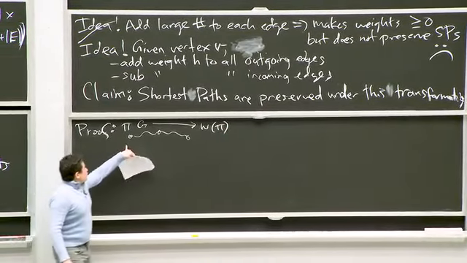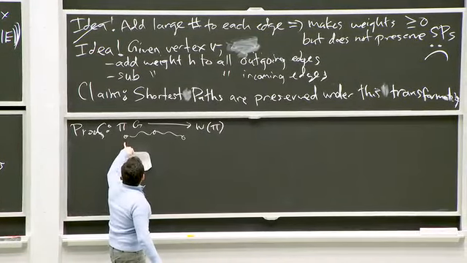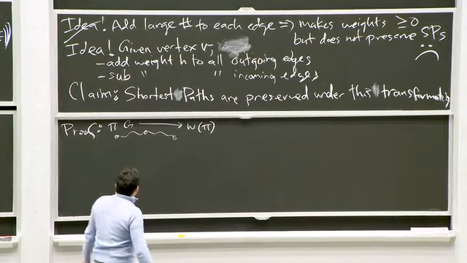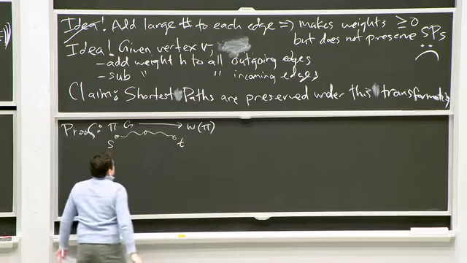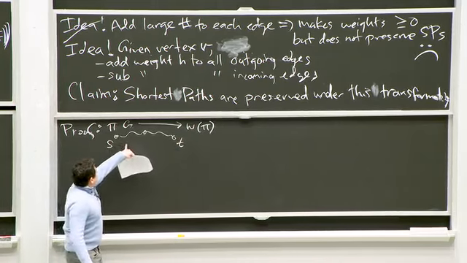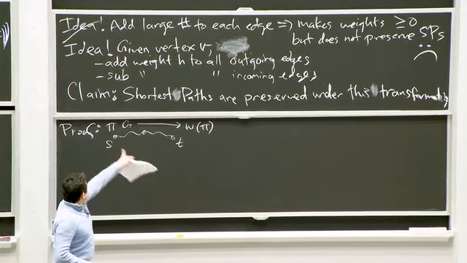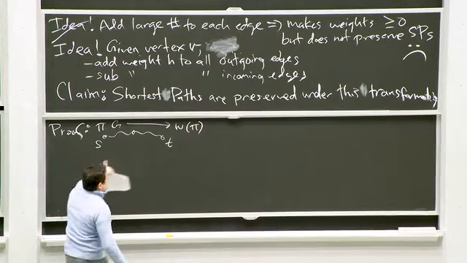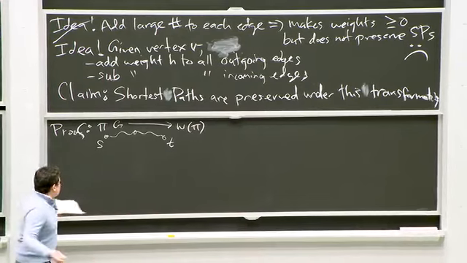It goes through V some number of times. Okay? So I'm going to say this is going from S to T. If it never touches V, the vertex that I transformed, then I argue that the path weight is the same, right? Because I didn't do anything to edges that are in this path.